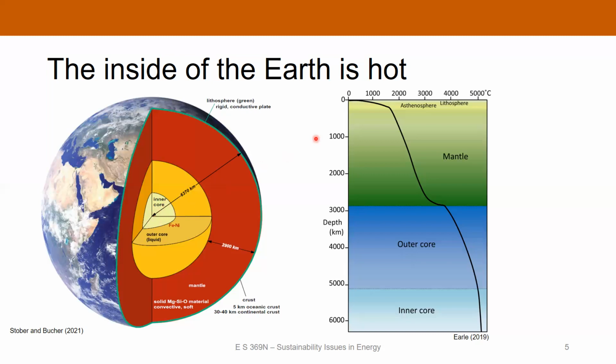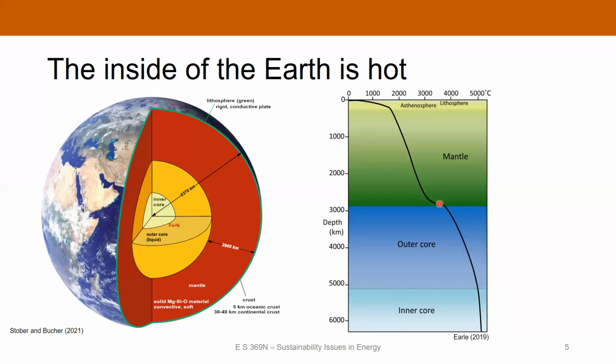Okay, now what does the temperature profile look like as we move from the surface of the Earth to the middle? Right near the surface, the temperature increases very rapidly through the lithosphere, getting down to the base of the lithosphere into the asthenosphere. Then below that, it actually does not increase as rapidly, and we'll talk about why that is in a minute.